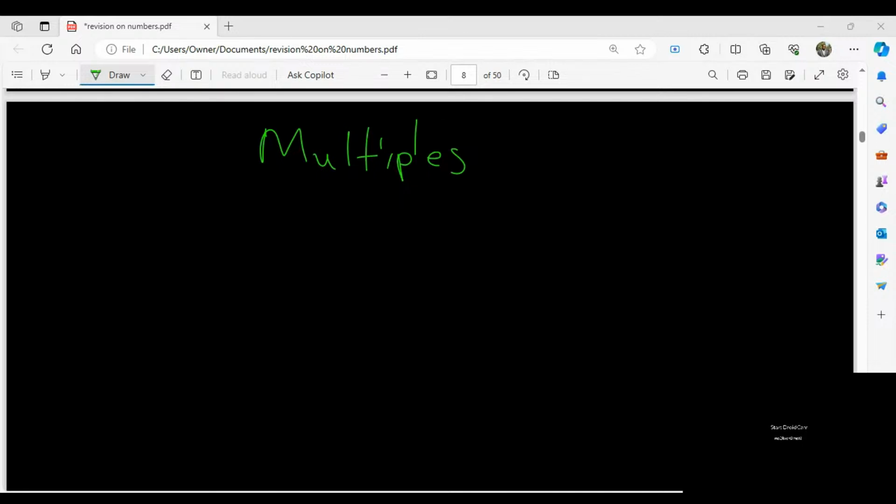So we say that multiples are numbers into which a certain number can enter without leaving a remainder. So let's look at a few problems concerning multiples.